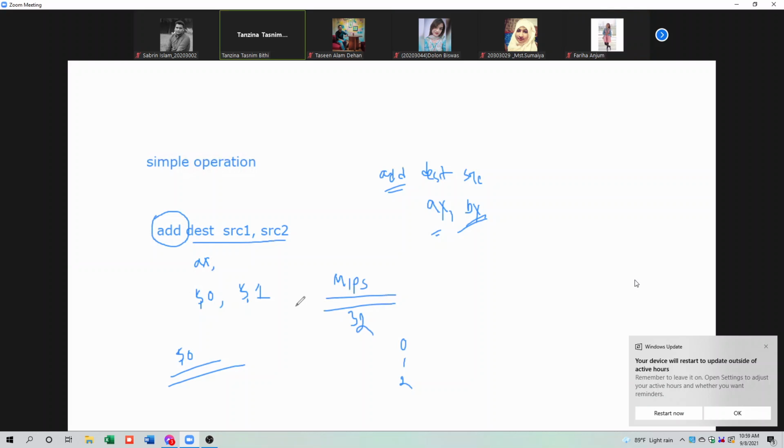Is it clear to you how you will write the instruction? How are we going to identify which register the source data is stored in and which register the destination operand will be stored in? Hello? Yes, ma'am. Is it clear or not? Can you please tell me? If you have a problem, then I'll discuss that topic again.